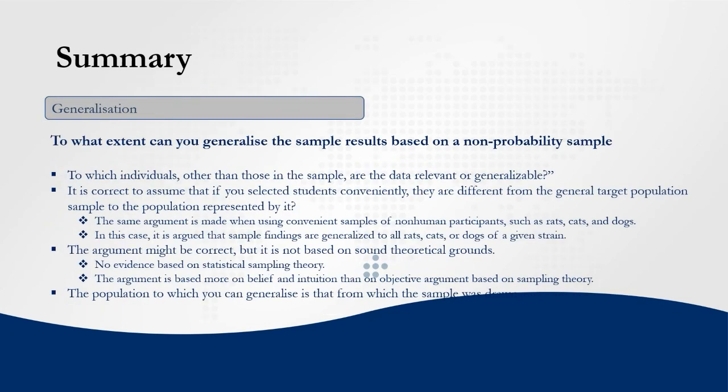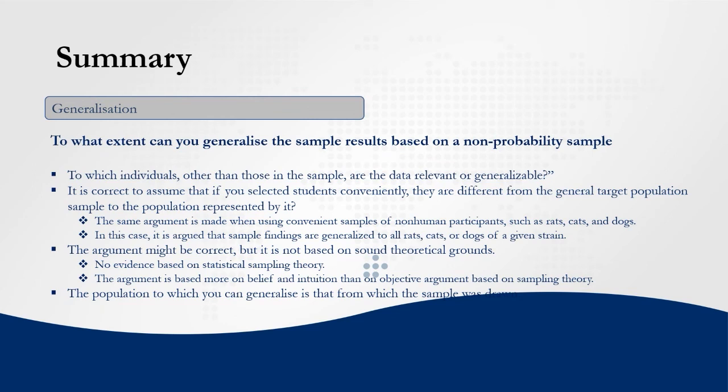So coming back to generalization, there are so many arguments with non-probability samples. Some people will say, for example, the example that we used with students, we use convenient sampling and we go on campus, that the students who respond are not different from the general student population.